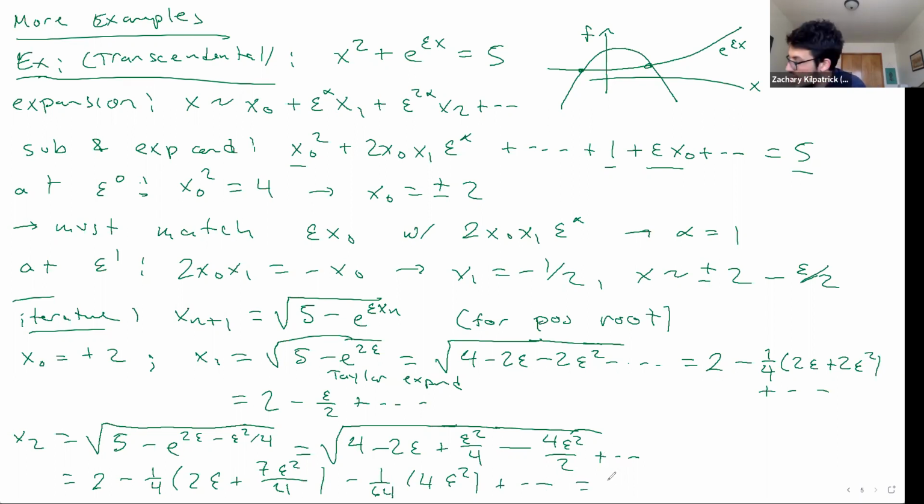So if I simplify down, I get 2 minus epsilon over 2. That's reassuring. The leading order terms are still the same, 2 minus epsilon over 2. And then my epsilon squared term is just going to be epsilon squared minus epsilon squared over 2. So you see that I get the same first couple terms here, and then I can create more terms. We could expand these out to higher order if we want, and check that they match.